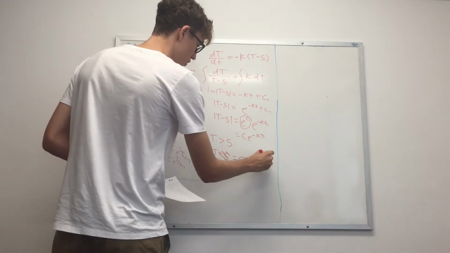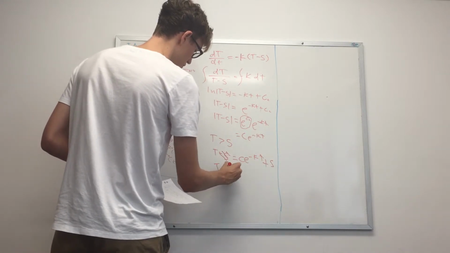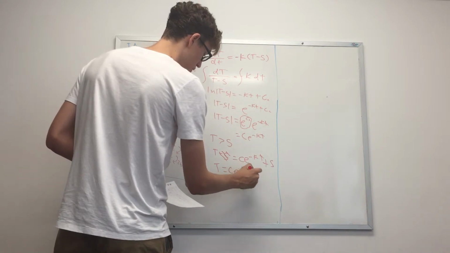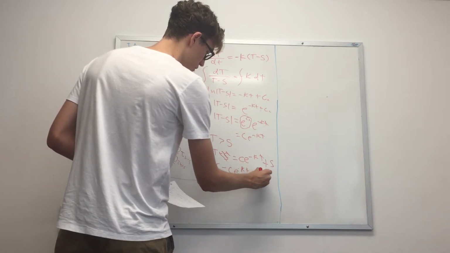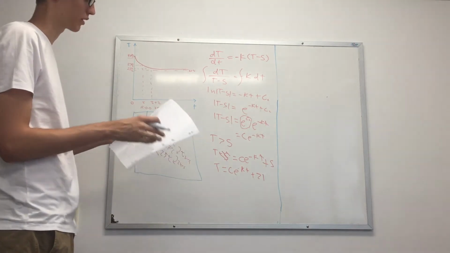Take the S over, plus S, and because they've given us S, the general solution is going to be C e to the negative kt plus 21. Okay, so that's our general solution, and we're going to try and find the constants here.